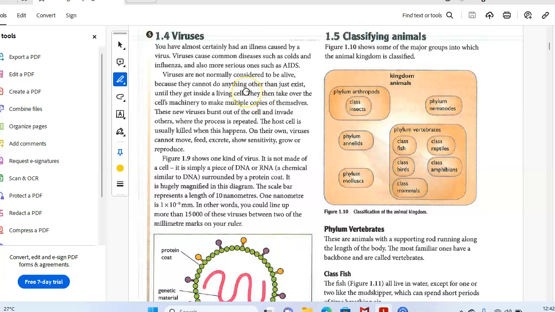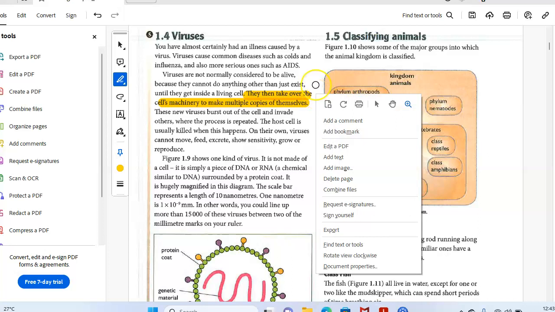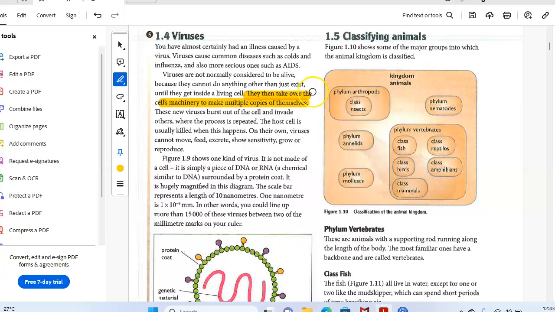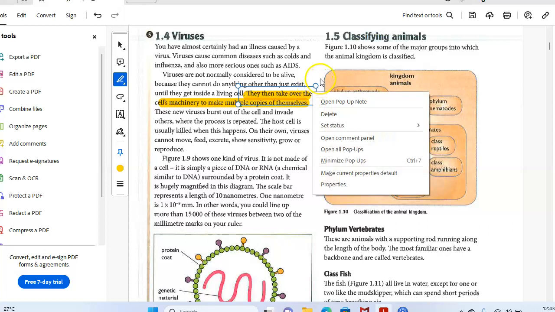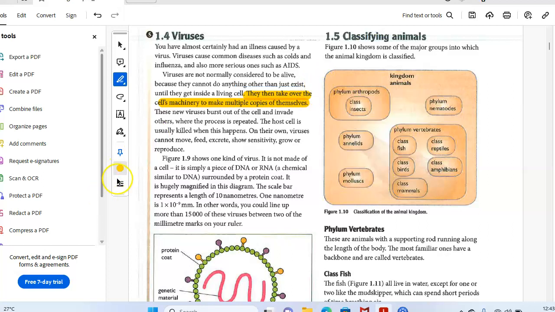When they are in the host body, they take over the cell's machinery to make copies of themselves. Hence, they are obligate intracellular parasites. Hence, we call them obligate intracellular parasite.